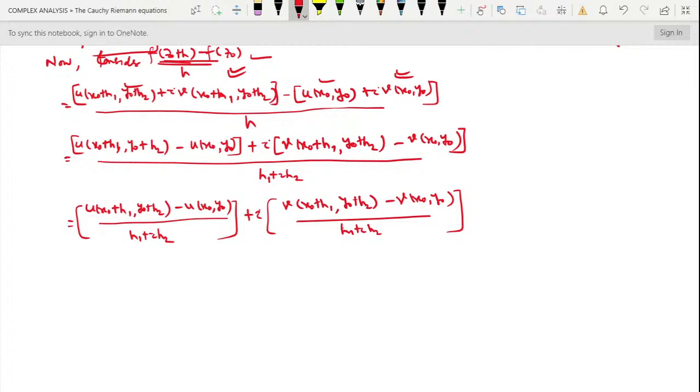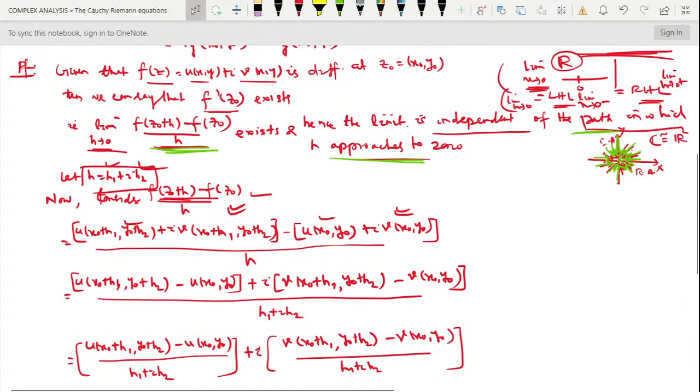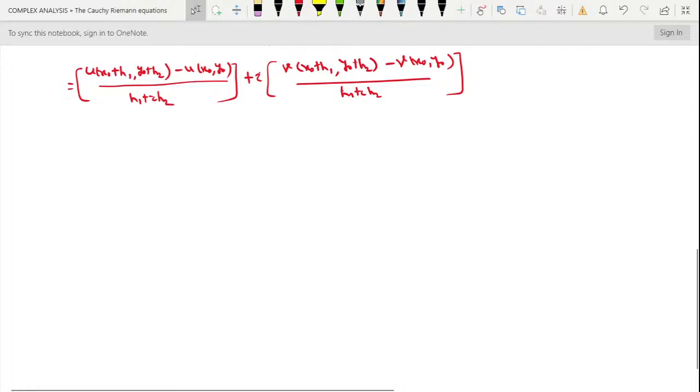Now suppose h goes to 0 along the real axis. It is given that the limit as h goes to 0 exists. Now I apply limit h goes to 0 in two ways. This is your real axis. So if I approach via the real axis in this way, or if I approach via the imaginary axis, this is my imaginary axis, the positive imaginary axis and the negative imaginary axis, then what happens? Suppose h goes to 0 along the real axis.